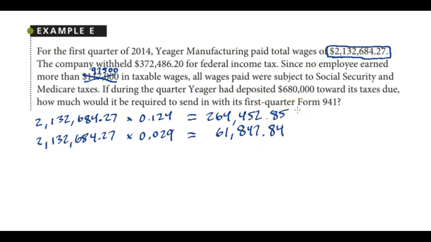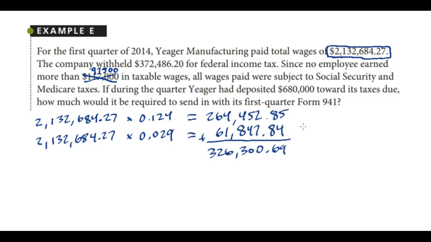If we add these two together to determine the total, we would have 326,369 cents. That is the total Social Security and Medicare that is being paid for both the employee and the employer at this, what is this, Yeager Manufacturing, or Jaeger Manufacturing.